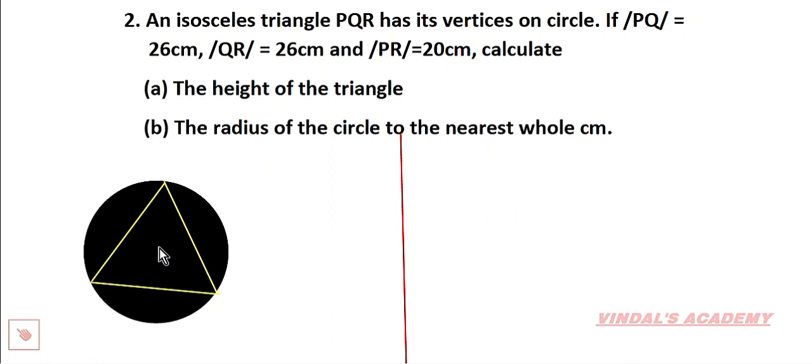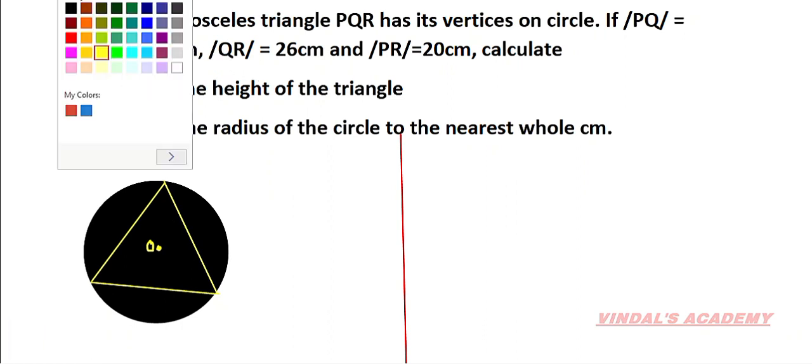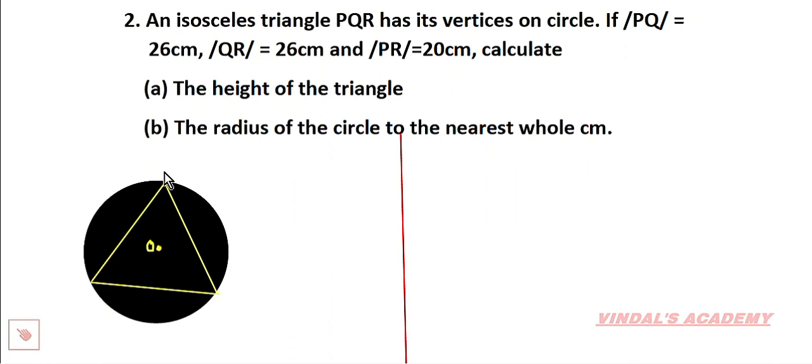All right, so at the center here, there must be a center of the circle, which is called O. Now, this is the question, and according to this question, let me label the other part. I'll call this place my P. I'll call this place my Q. I'll call this place my R, so that I'll be able to do the labeling.